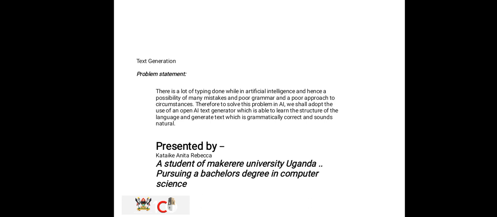To solve this problem with AI, we shall adopt the use of an OpenAI text generator, which is able to learn the structure of the language and generate text which is grammatically correct and sounds natural.